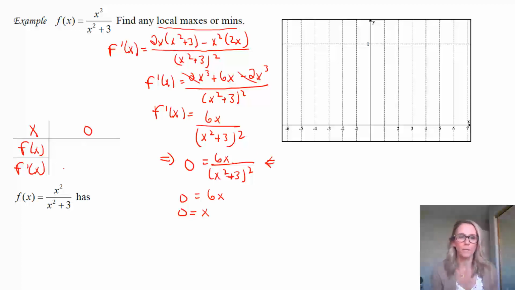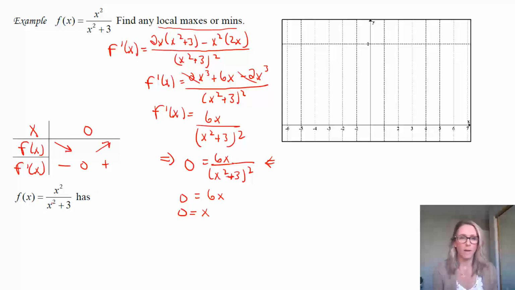So that's pretty helpful because it tells us that if we put in a negative number, that's going to be a negative derivative. And if we put in a positive number, we're going to have a positive derivative. So it tells us that the function is decreasing down to 0, and then after that, it increases.